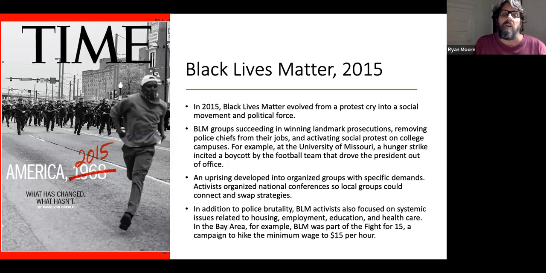So Black Lives Matter, in 2015, this Time magazine cover is interesting because they've originally written 1968 and then crossed it out with 2015, and that is because these uprisings that were seen in various cities across the country were like nothing America had seen since 1968. 1968 was a year of widespread urban riots and rebellions, especially after Martin Luther King was assassinated on April 4th, 1968.